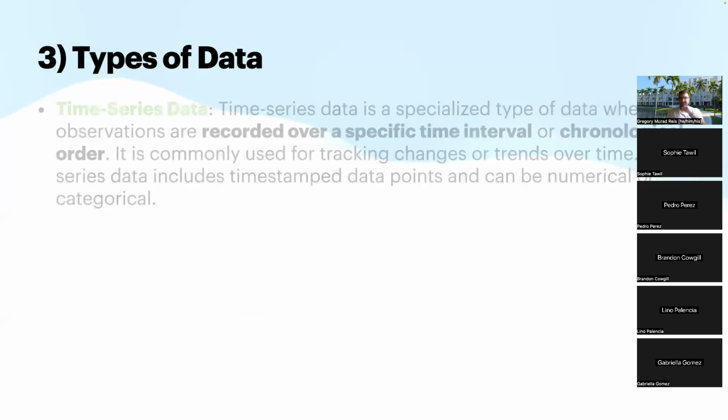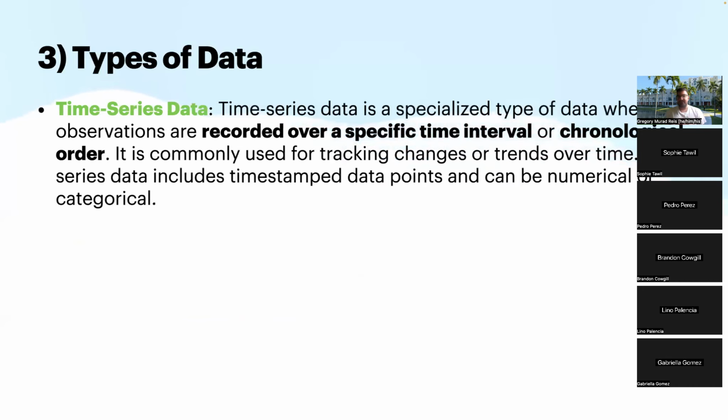There's one more classification, the time series one. Time series is a specialized column that we use when observations are recorded over a specific time interval, or in chronological order. That's the one I deal with in robotics, because as the robot moves on the surface of the water in Biscayne Bay, it collects data every second.